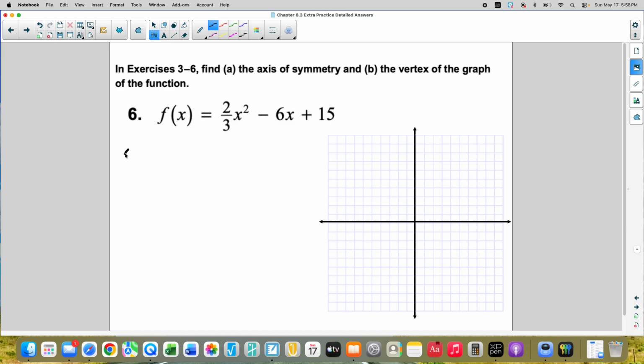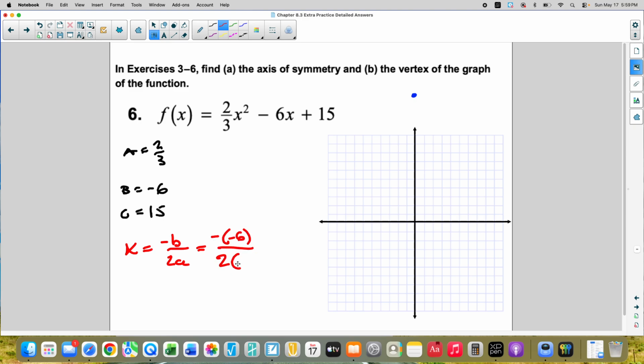My A value is 2/3. Ooh, that's going to be fun. B is negative 6. C is 15. So my C value is there. Let's find the axis of symmetry. Opposite of B over 2A equals the opposite of negative 6 over 2 times 2/3.